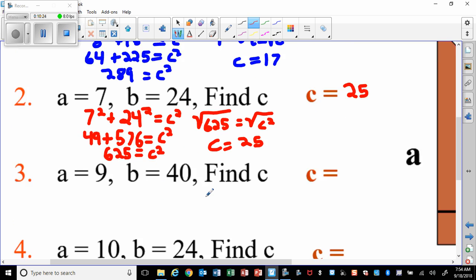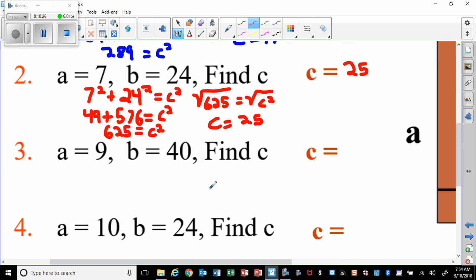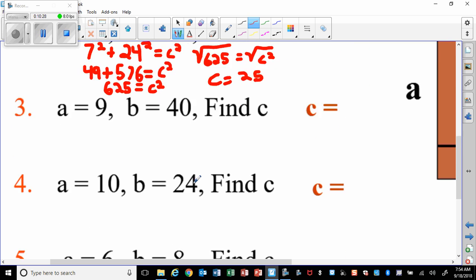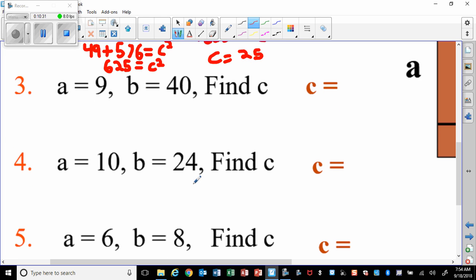If you haven't started on number 3, go ahead and pause the video and work through that one. On 3, 4, and 5, I'm going to give you just the answers. If you have difficulty with those, then we will look into fixing that from there.